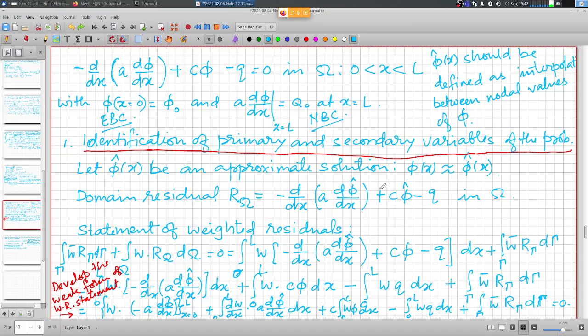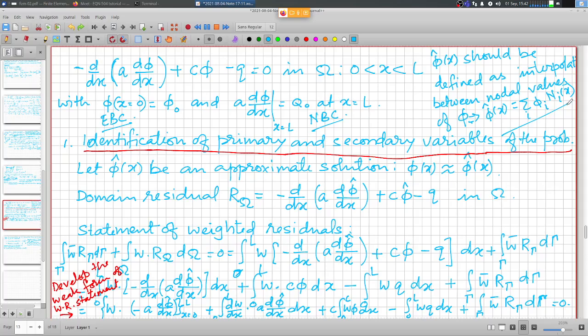Right? So essentially what it means is phi hat x is equal to sigma I phi I Ni x. So this is the interpolation model. So the approximation has to be of this form.